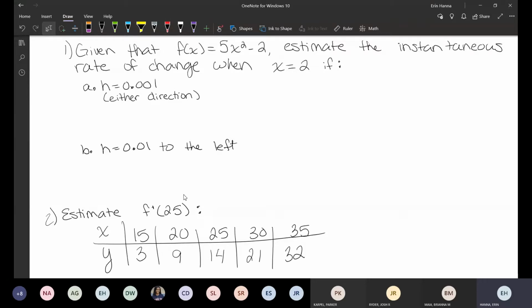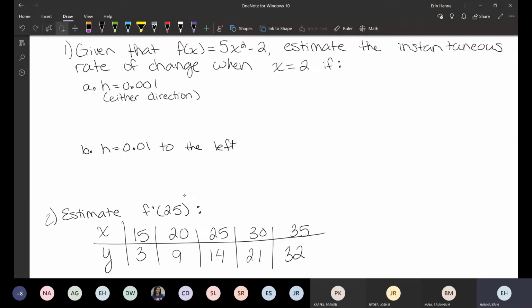So, quiz today will be very similar to this idea, instantaneous rate of change in a few different ways. The first one, we're given 5x squared minus 2, estimate the instantaneous rate of change at x equals 2 if h equals 0.001 in either direction, which means you get to choose, but you just have to calculate one of them. I'm going to do both just in case.